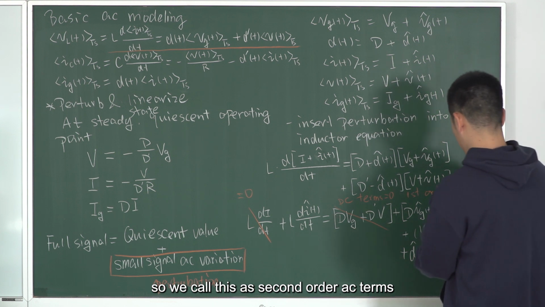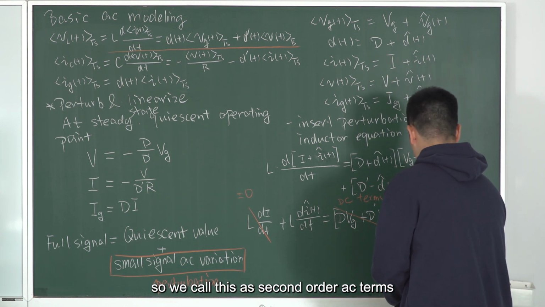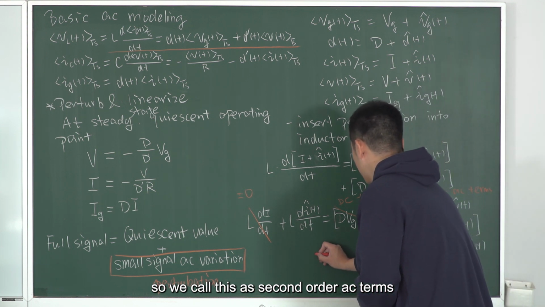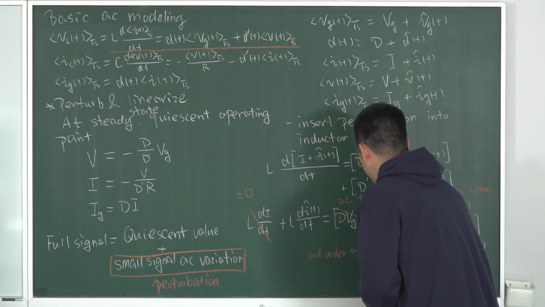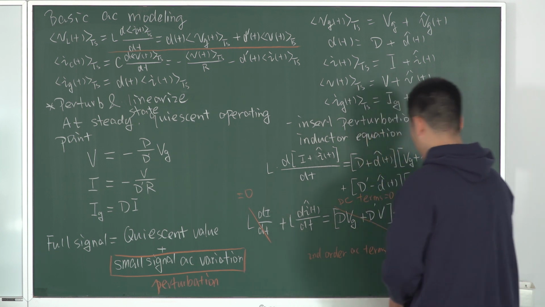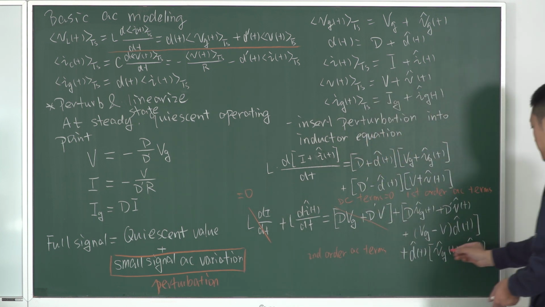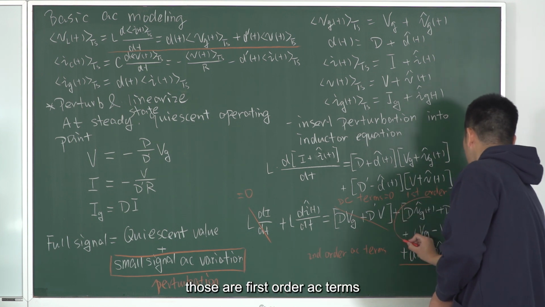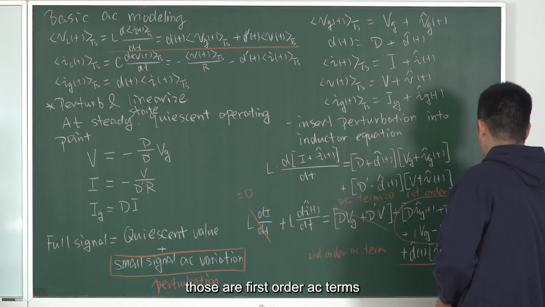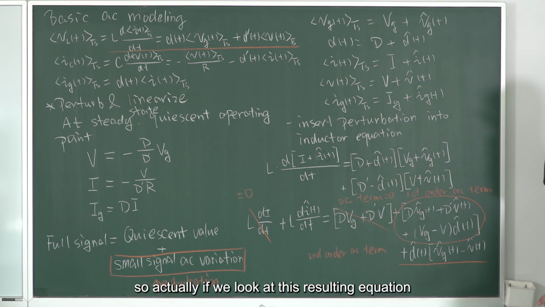So we call this second order AC terms. Those are first order AC terms.